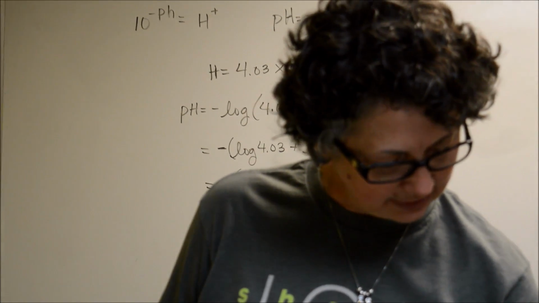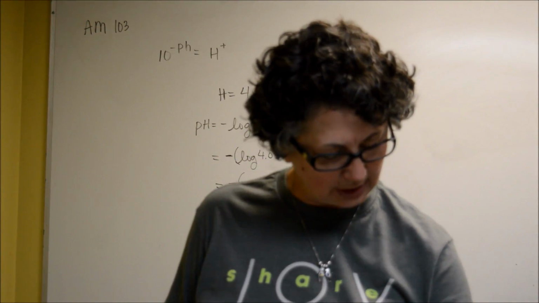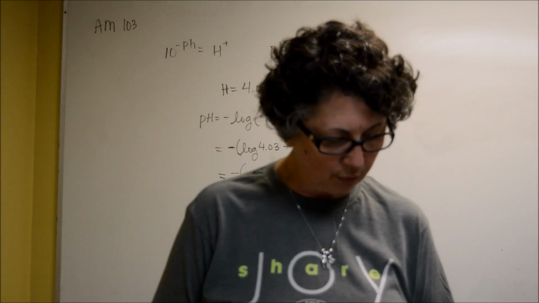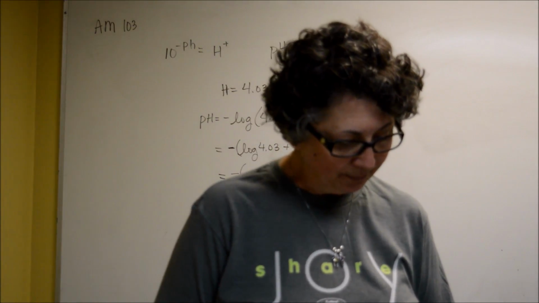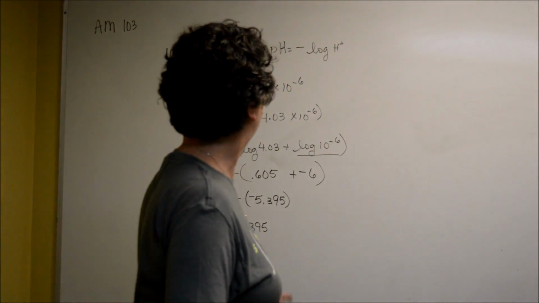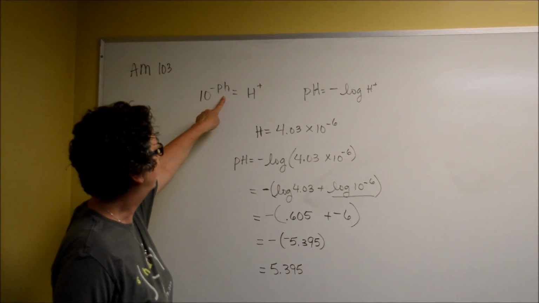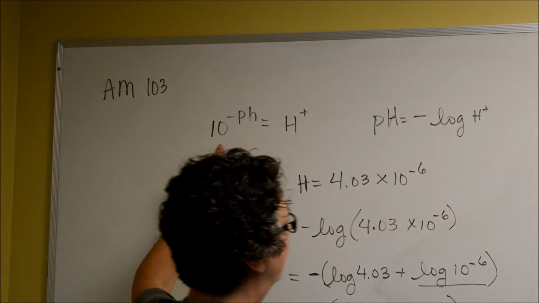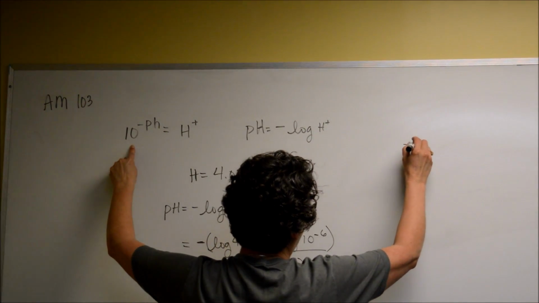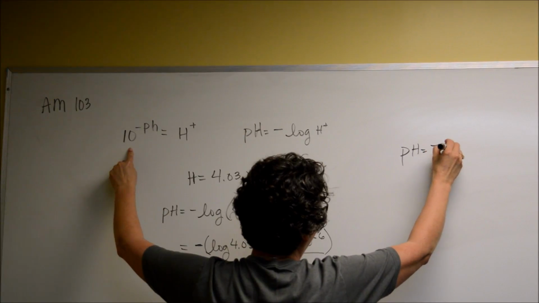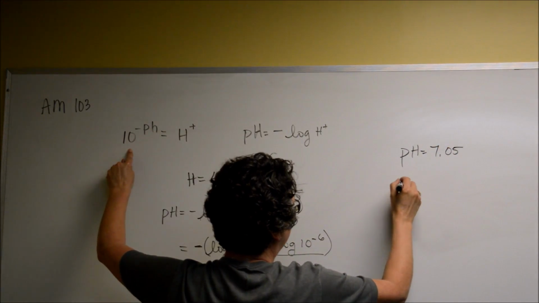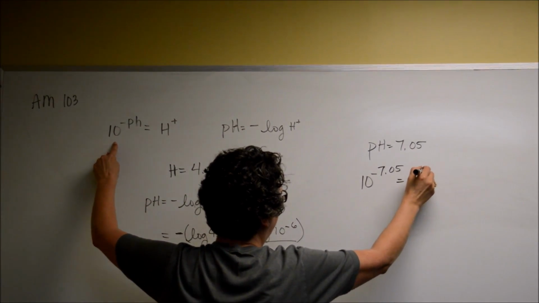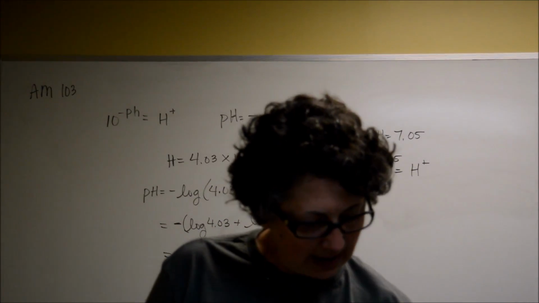The next example, example 4, says find the concentration of hydrogen ions if the pH of the water liquid is 7.05. So it's given us the pH, we're given the pH, and we need to find out what the hydrogen concentration is. So the pH is 7.05. So 10 to the negative 7.05 power is going to be our H count.